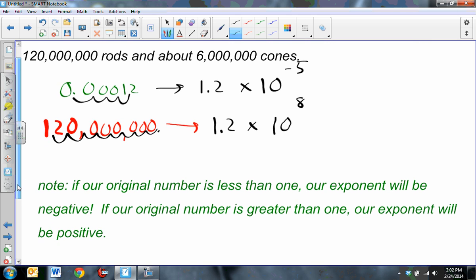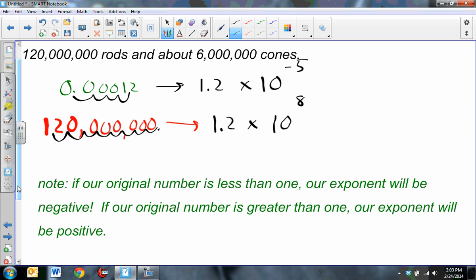All right, last one. The human retina has 6 million cones. I don't even know what cones are, but maybe you do, taking biology. Okay, and these are commas. So here's 6 million. Again, the decimal place is at the very end here. So we're going to have to move it until we get to that number between 1 and 10. Okay, so can you see what that number is? 1, 2, 3, 4, 5, 6 places, and there we go.